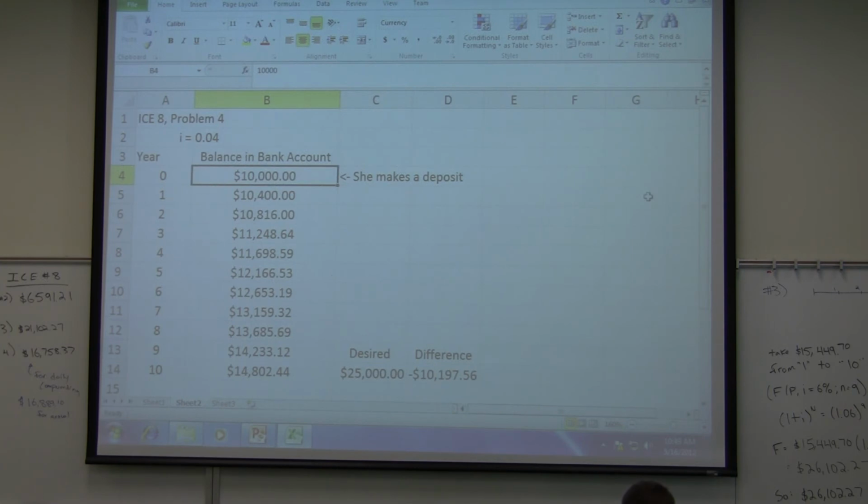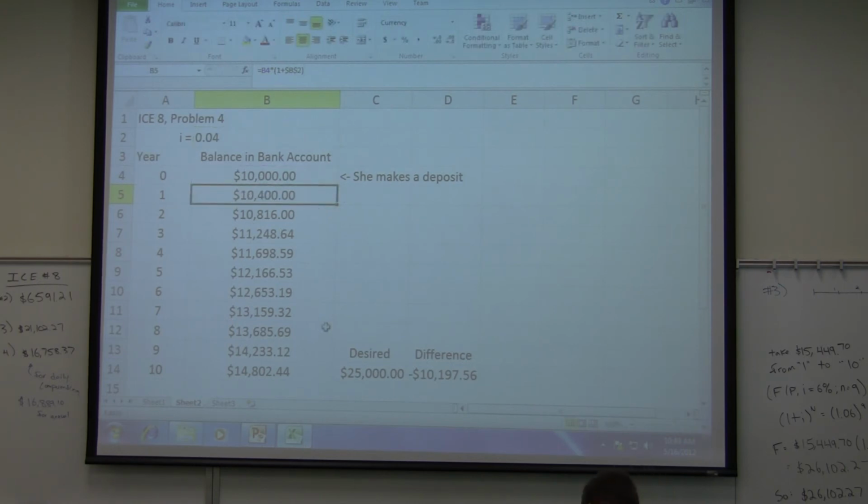So she makes some deposit here. We don't know exactly how much it has to be. What we know is that at the end of year 10, we want her to have 25,000. And so each year it has compounded 4% more. And so it's 10,000, and the formula that I'm doing is the year previous times 1.04.